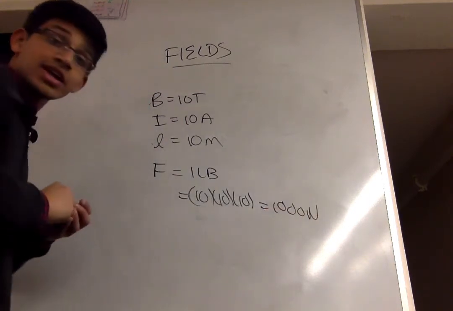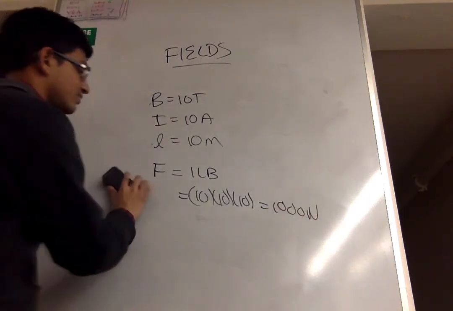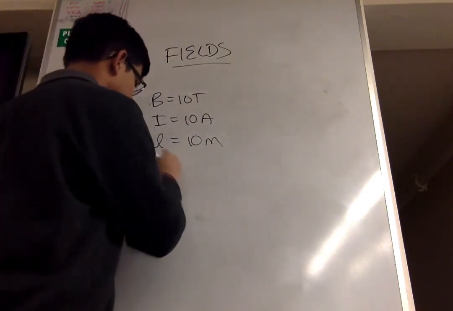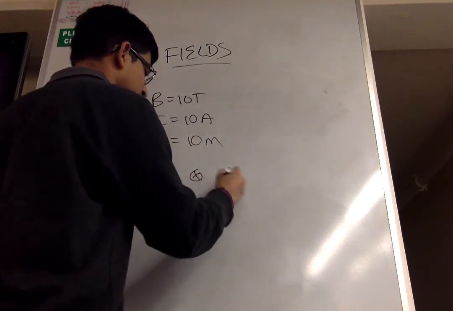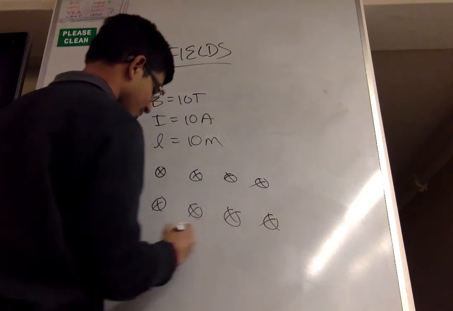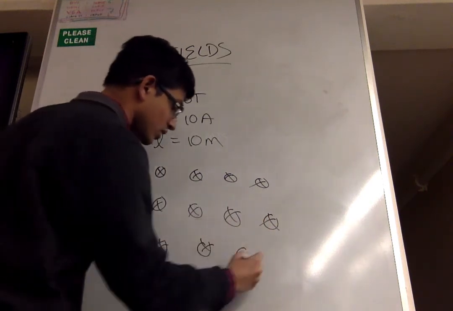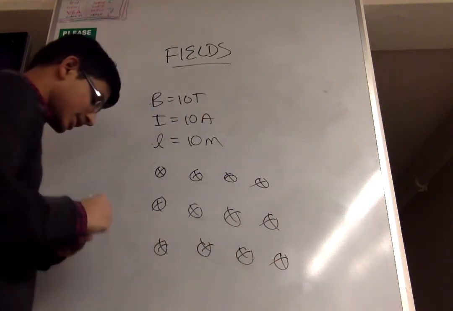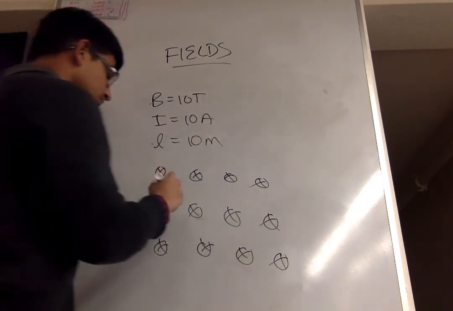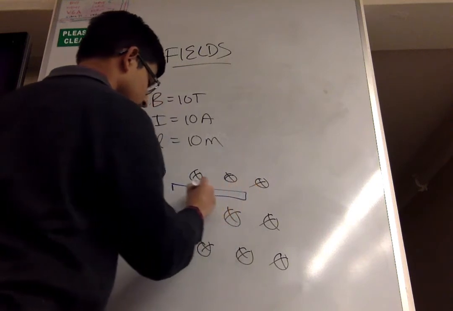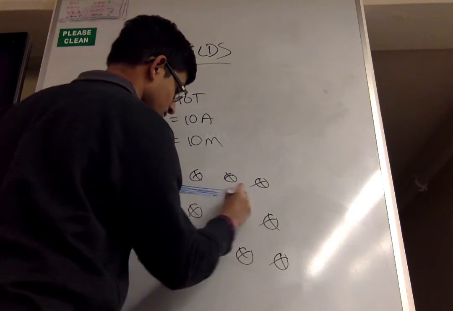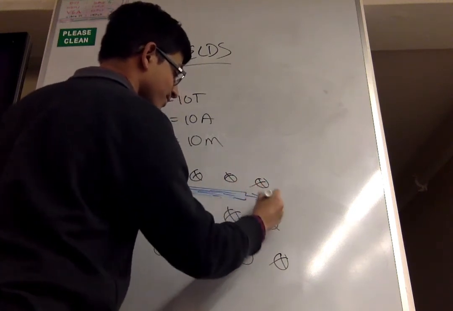And if we want to find the direction, suppose again we have this magnetic field where the magnetic field lines are going into the page, and this is our bit of current, going in this direction.